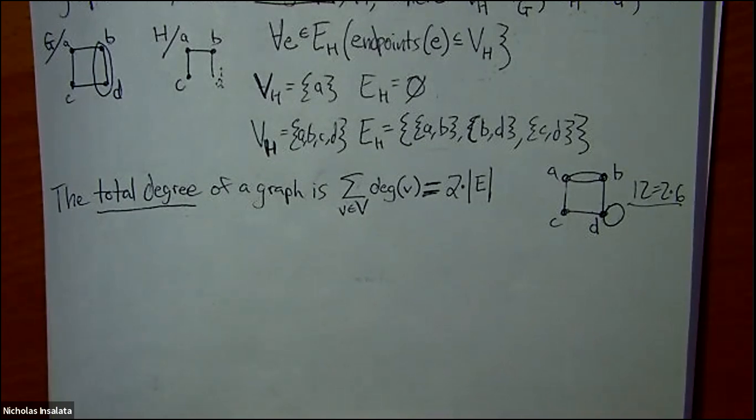So what do we know then? If the total degree is 2 times the number of edges, what do we know about that number, the total degree, if it's equal to 2 times the size of the edge set?